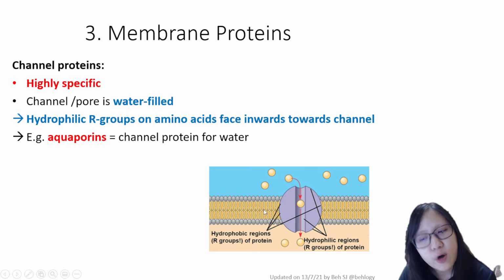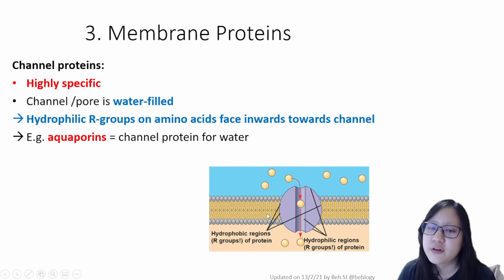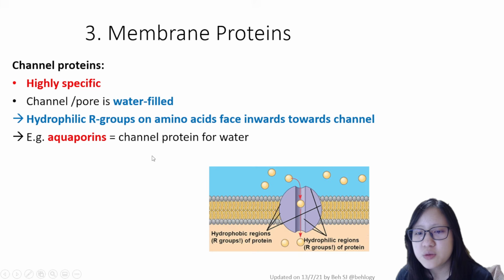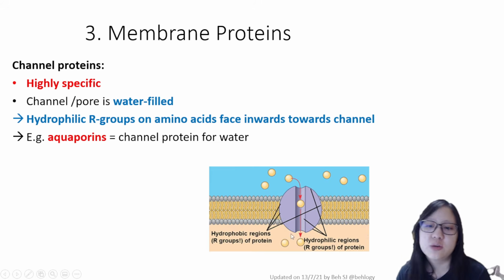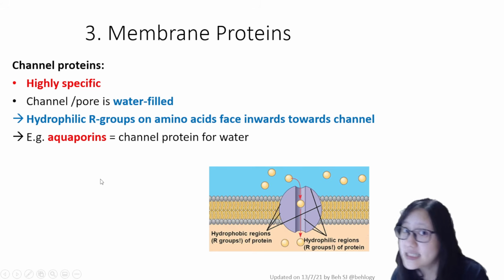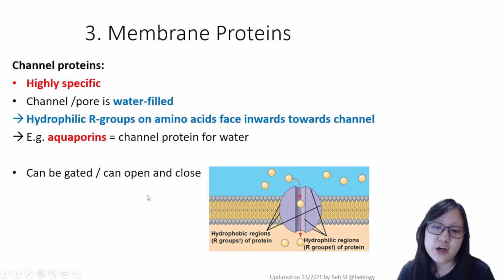However, water is small enough to squeeze through, and it's possible, but a bit difficult. So for water to be transported really quickly, some cells have aquaporins, channel proteins for water, that allow water to pass through much quicker than through the phospholipid bilayer. Fun fact for you. You will hear about aquaporins more later on.